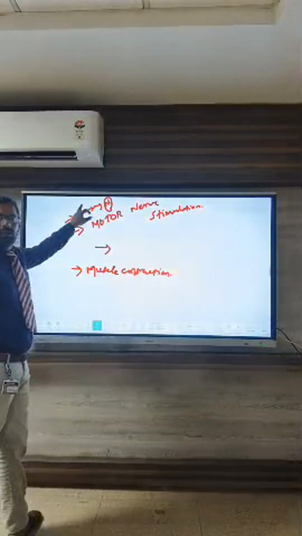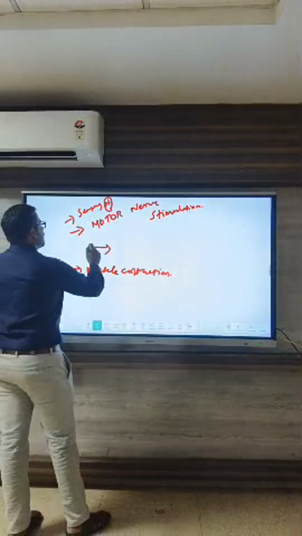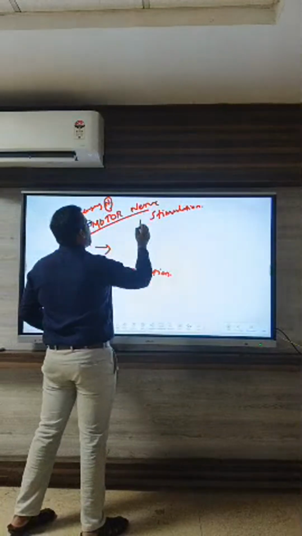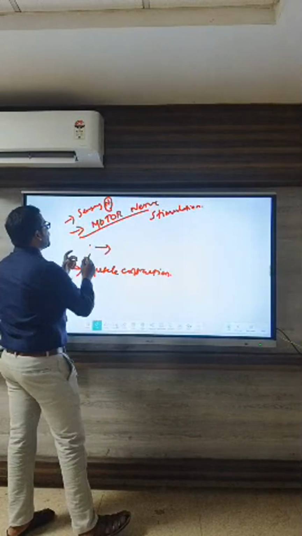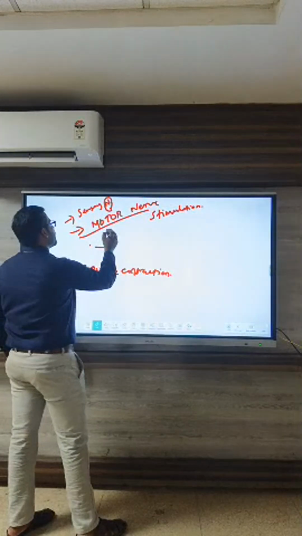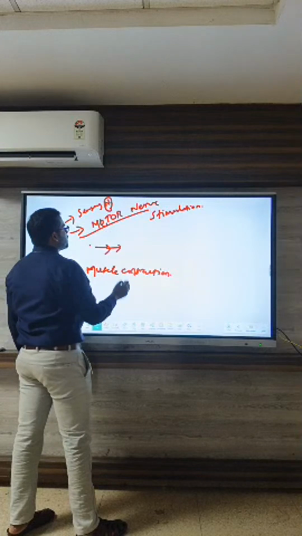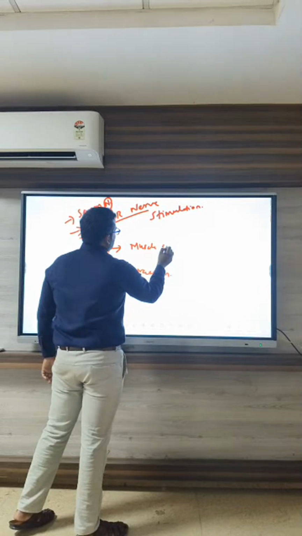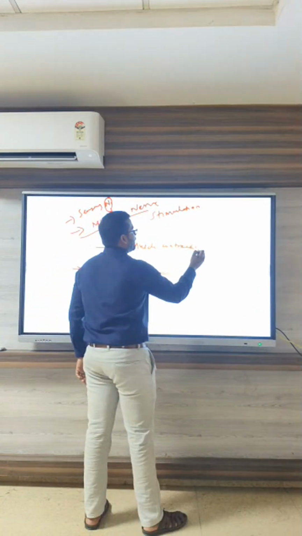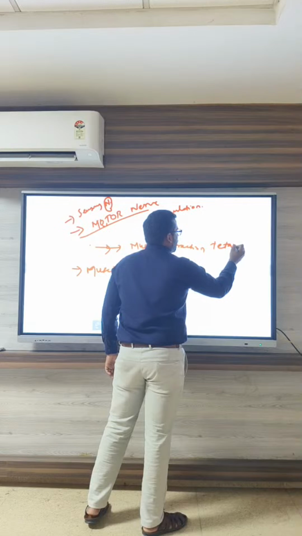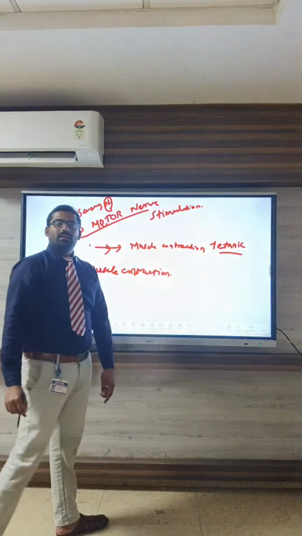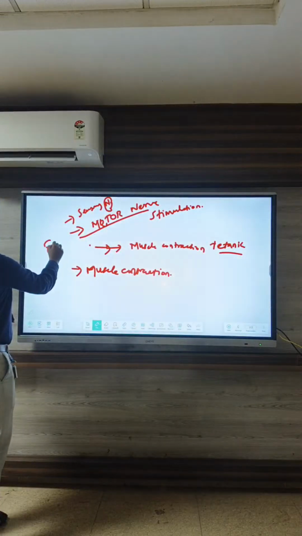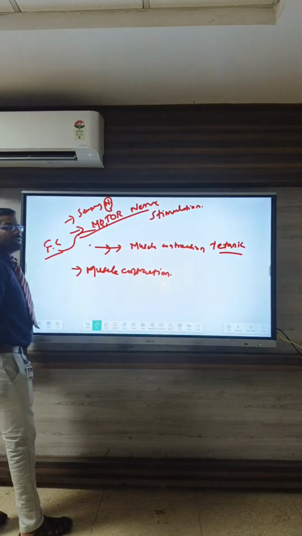Over the sensory nerve, when we apply the electrical current, it stimulates a pin-prickling sensation. Coming to motor nerve stimulation, once we apply the Faradic current over the motor nerve, it stimulates a tetanic type of muscle contraction.